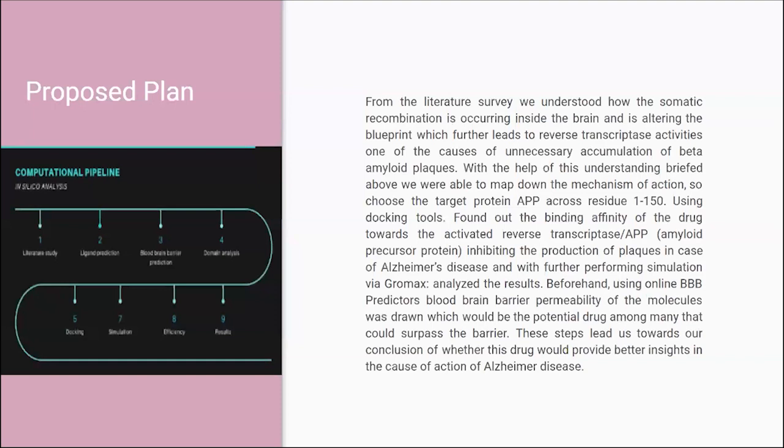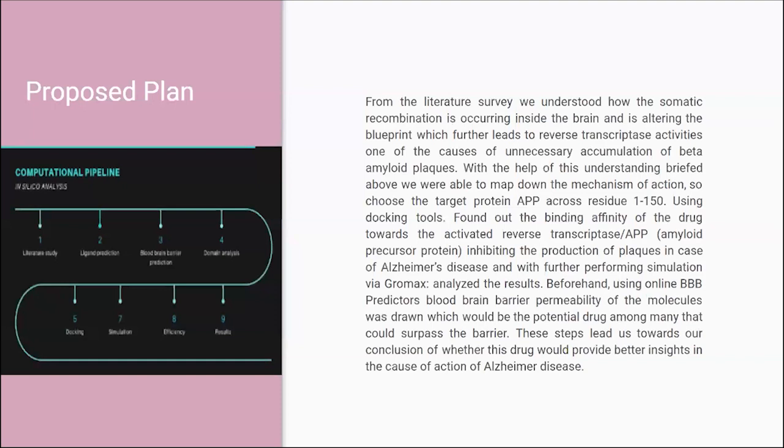Using docking tools, we found the binding affinity of the drug towards the activated reverse transcriptase and APP, the amyloid precursor protein, which would further inhibit the production of plaques in Alzheimer's disease, and then performed simulation by GROMACS to analyze the results.